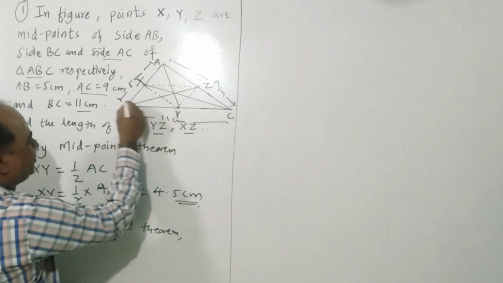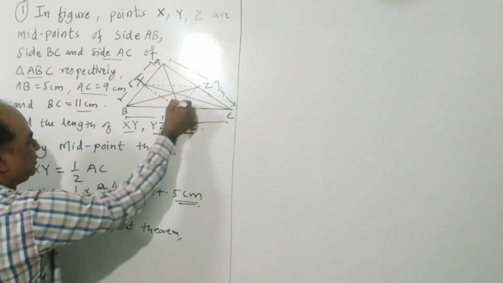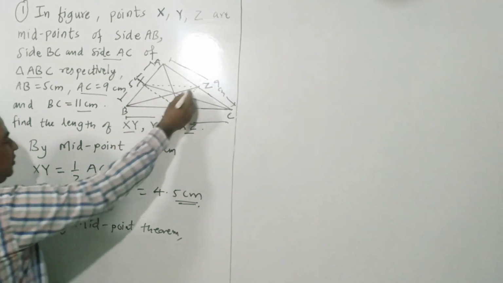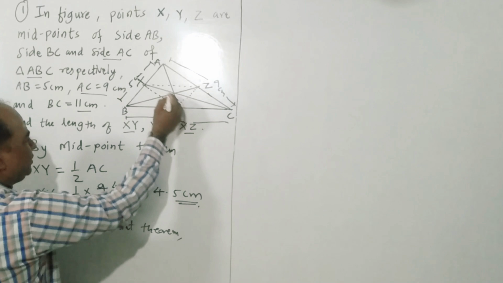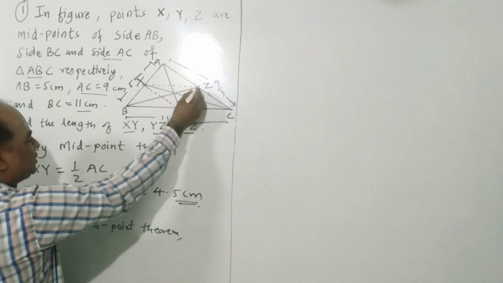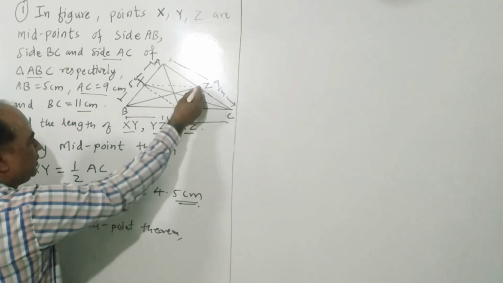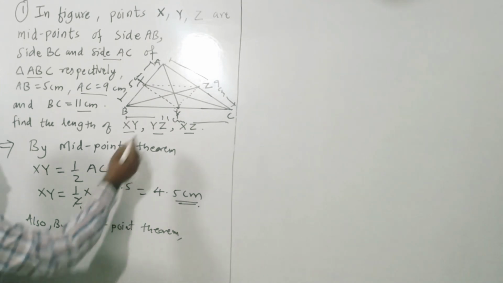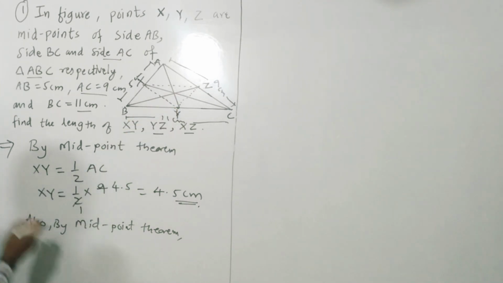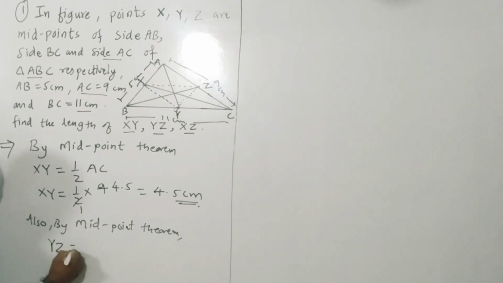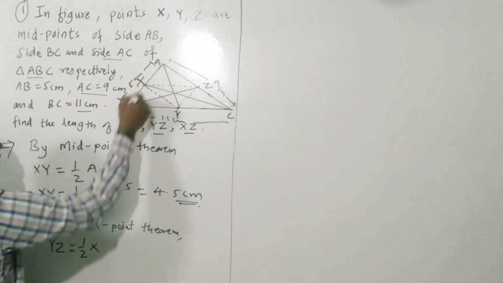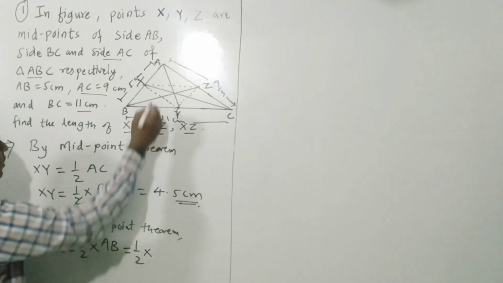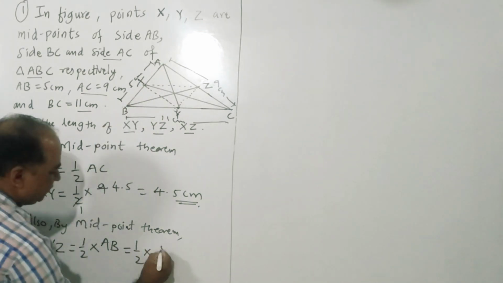Y and Z are the midpoints of side BC and side AC, and YZ is parallel to AB. Therefore by the midpoint theorem, the length of YZ, a segment joining the midpoints of two sides of the triangle, is half the length of the corresponding parallel side. So YZ is equal to 1 upon 2 into the length of side AB, which is 5 centimeter.